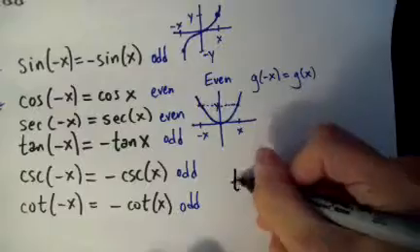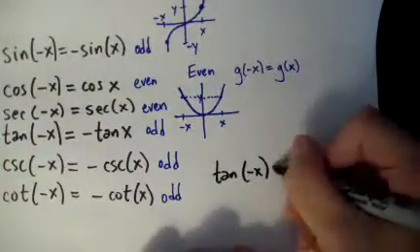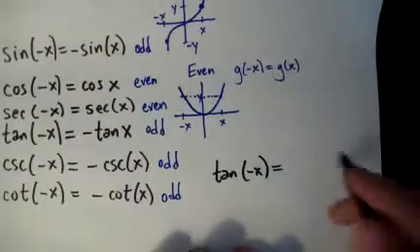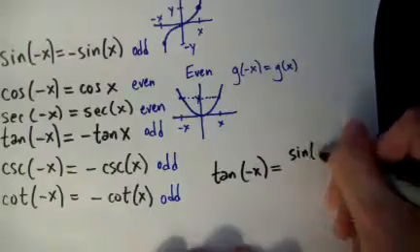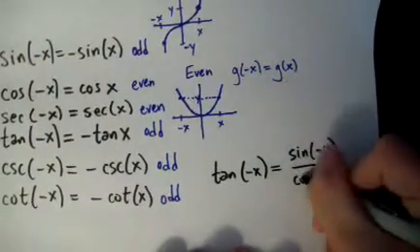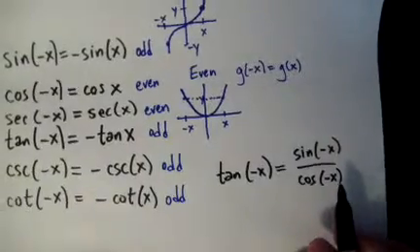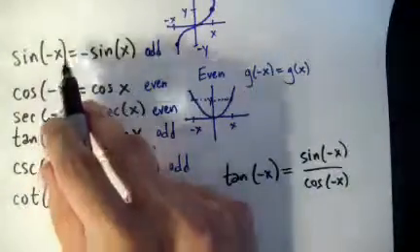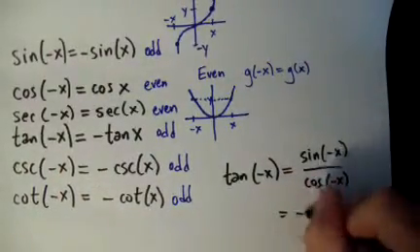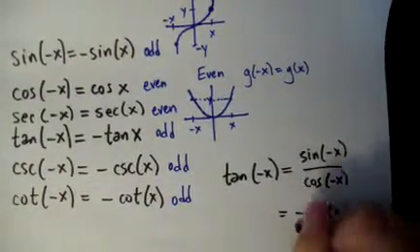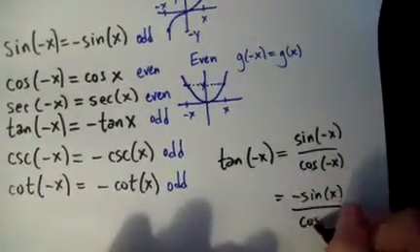Say tangent of minus x. Well, by the quotient identity for tangent, we know that tangent of minus x is the same as sine of minus x over cosine of minus x. And now, because we know that sine and cosine are odd and even respectively, we get that sine of minus x is minus sine of x, and cosine of minus x is just cosine of x.